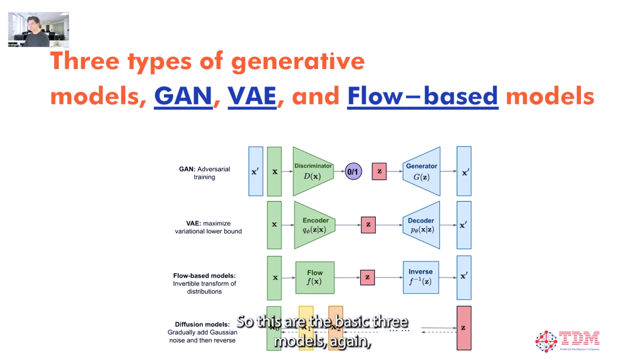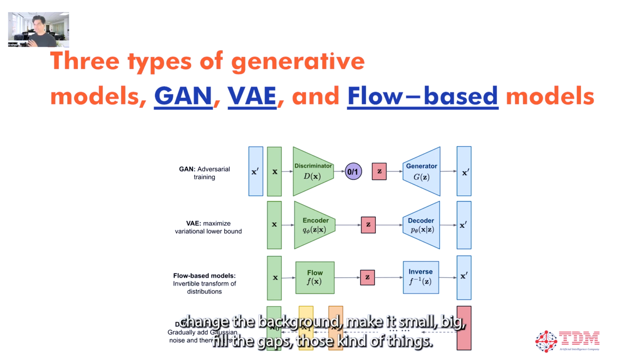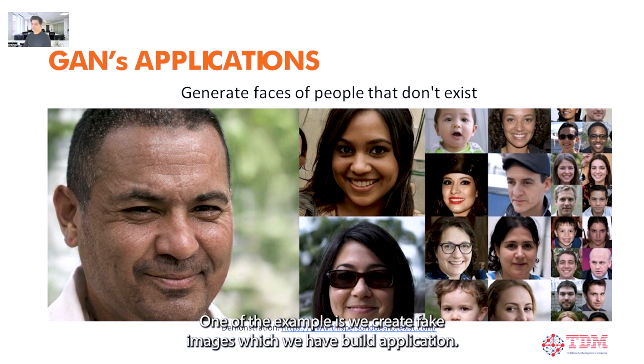So these are the basic three models. GAN, which we talked about, discriminative and generative. Then there are VAEs, encoder and decoder models. And then flow models, which can reverse your image, like CycleGAN and all those things. And diffusion models can go forward, backward, change the background, make it small, big, fill the gaps, those kinds of things. One example of a diffusion model is the fake images we create, for which we have built an application.